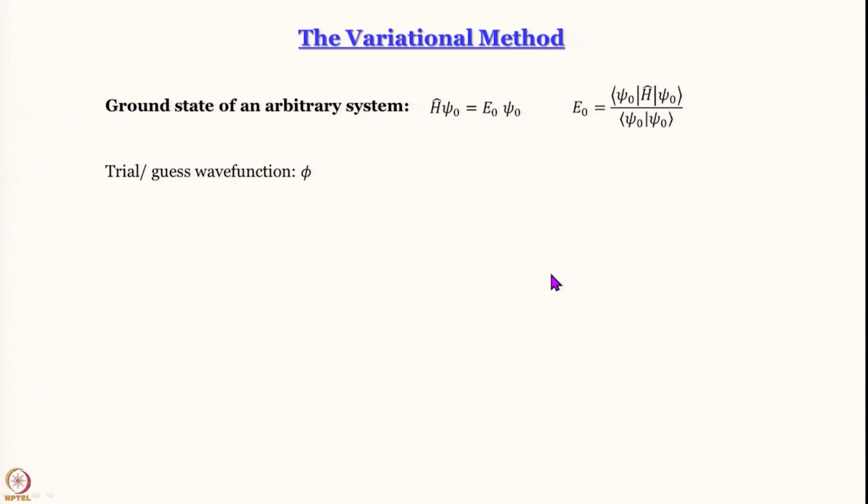And as you will see, for systems where you can solve it exactly, these guess wave functions need not be exactly the same as what you get by exact solution, but we can still get the correct energy. That is the interesting part. You do not have to get the right result in the right way.